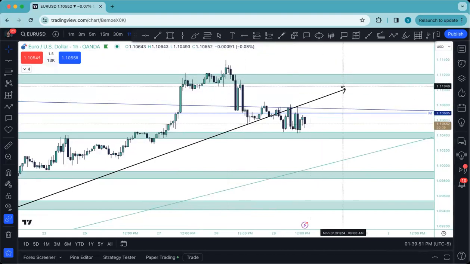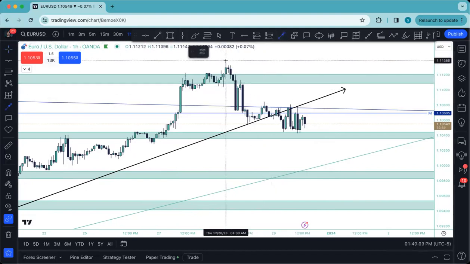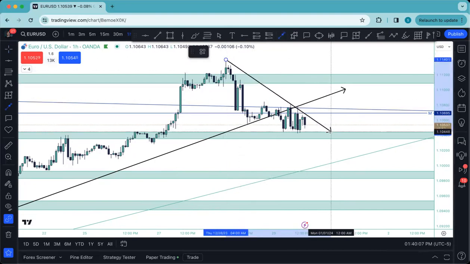Yeah, that would be kind of. So if we already didn't break this bottom trend line, then like in your analysis on other pairs, if it hasn't done that, then you'd also have this right here, right?